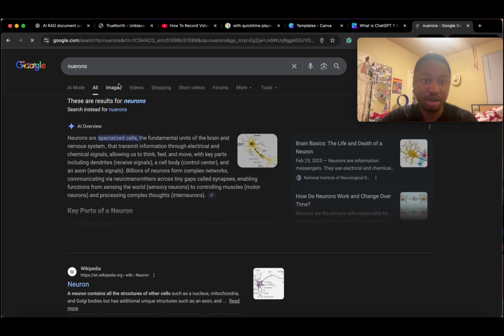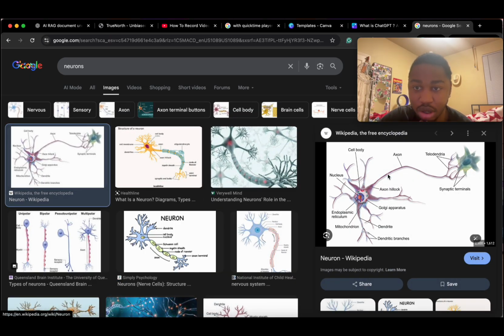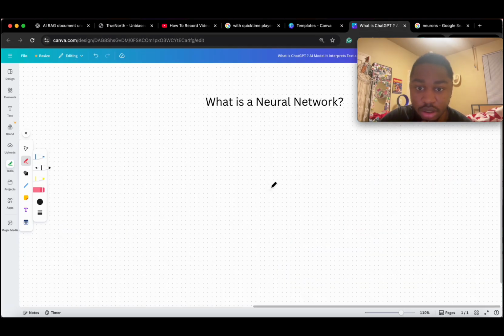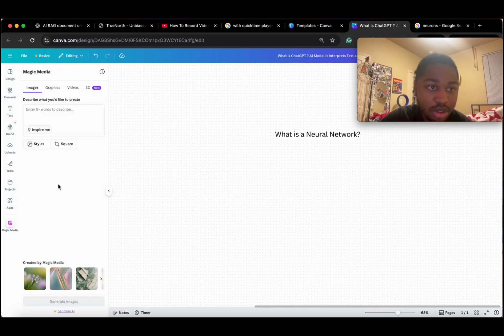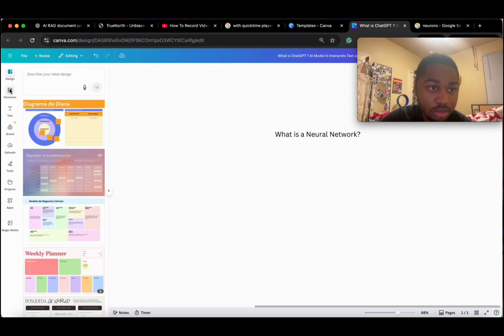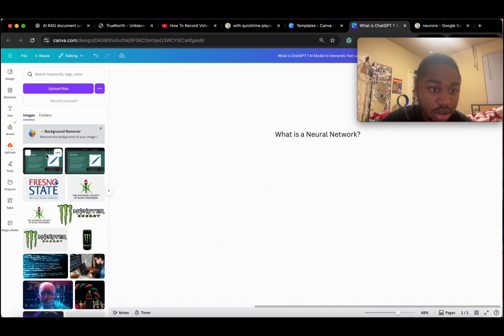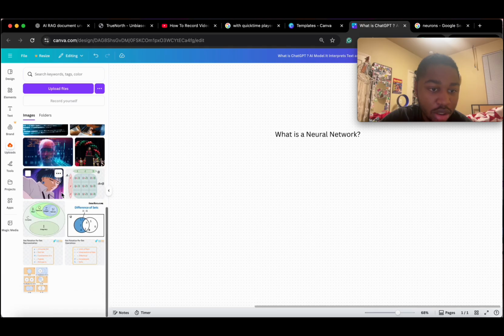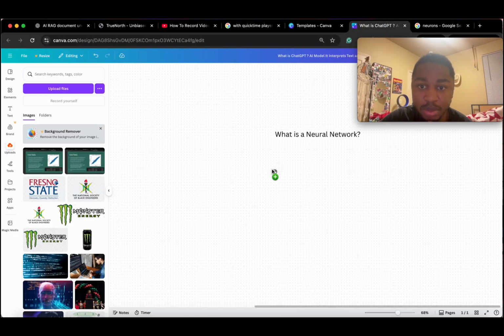Neurons. Yeah, look at that. Neurons, right? Pretty neat. Let me see if I can put it on here.